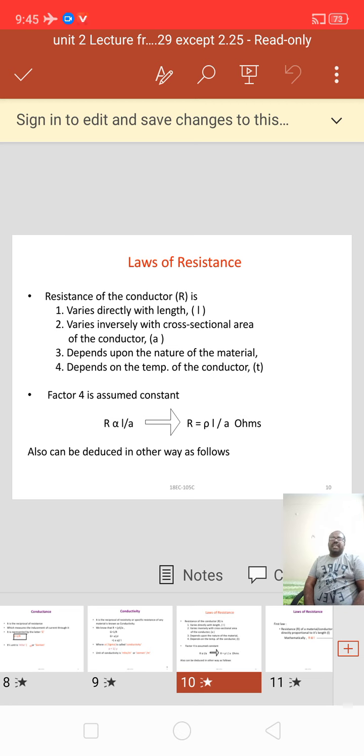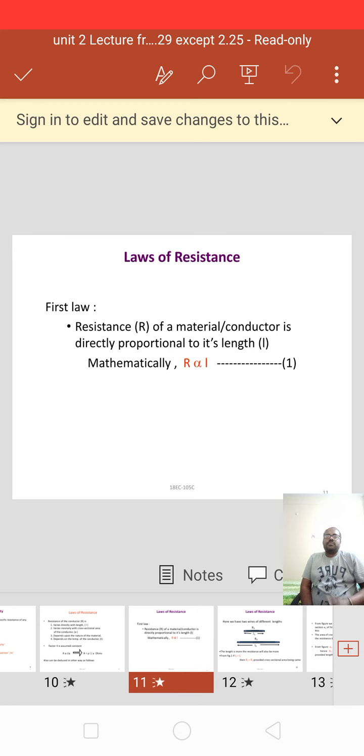Here rho is taken as the proportionality constant, that is R equal to rho into L by A. For R the units is ohms, so R equal to rho into L by A ohms. Here briefly I am explaining the laws of resistance.